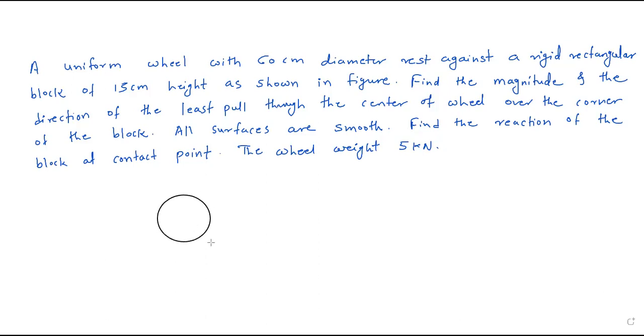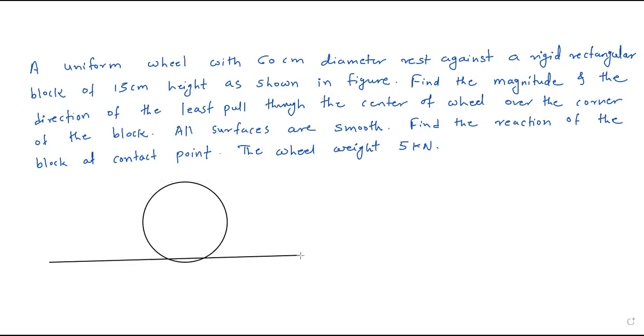Now this is a wheel. Okay. And it is resting on a surface. This is the surface on which it is resting. Now a block is placed over here. This is the block. And the height of this block is also given to us.